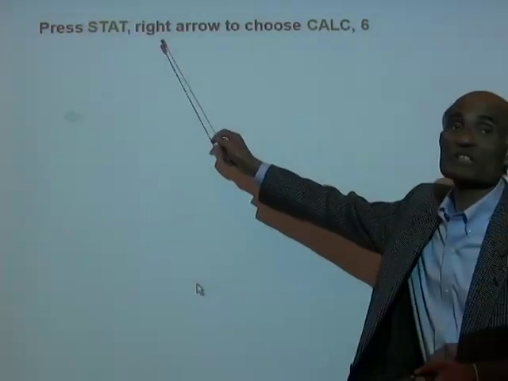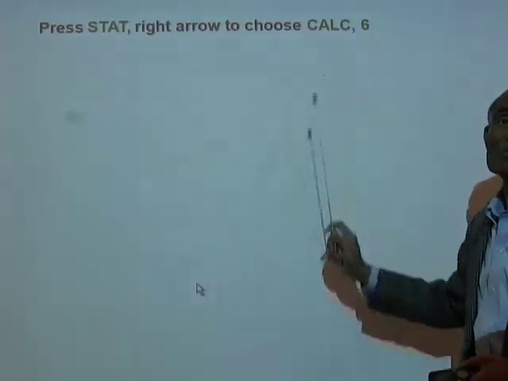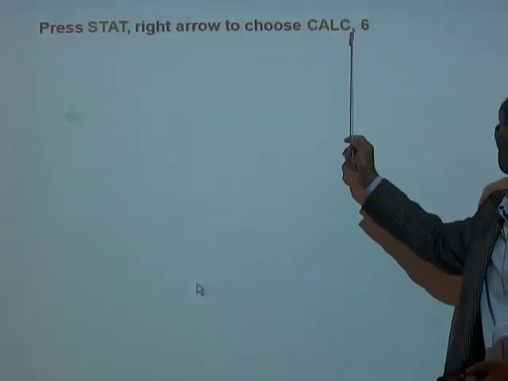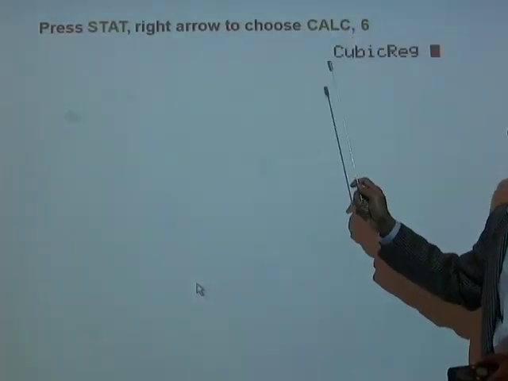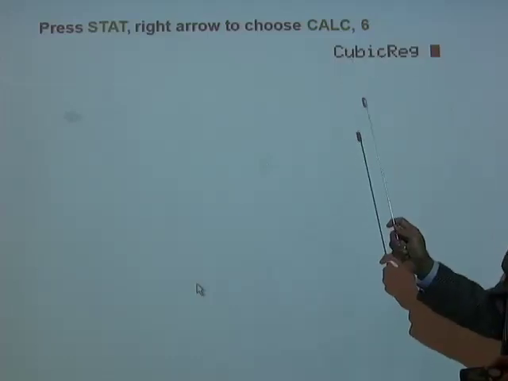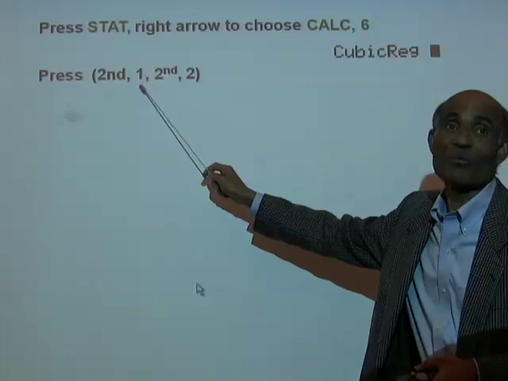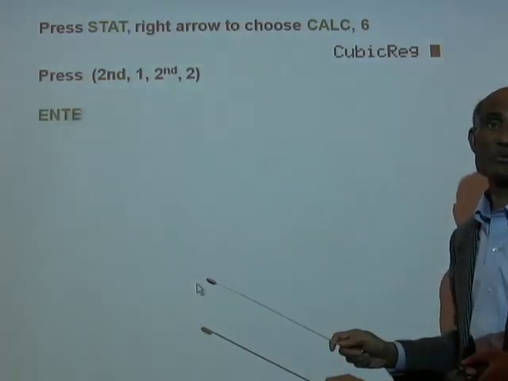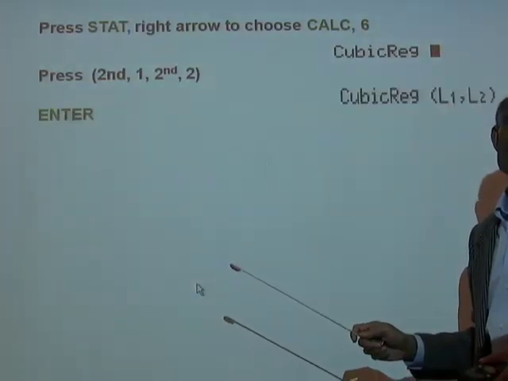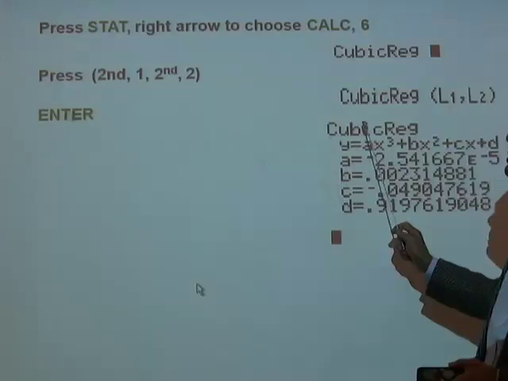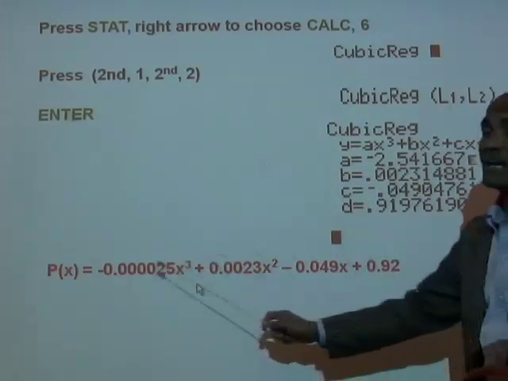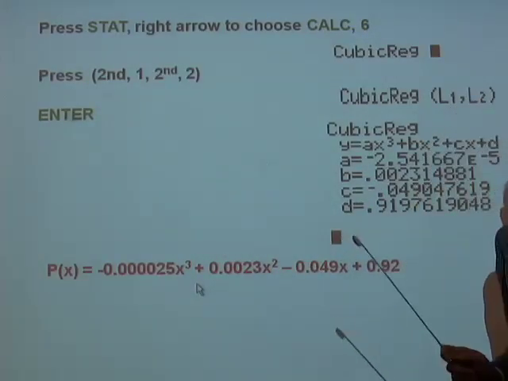And then press stat, right arrow to choose calculate, and press 6. That will give you cubic regression. And press second 1, second 2, and enter. That gives you the cubic regression equation.